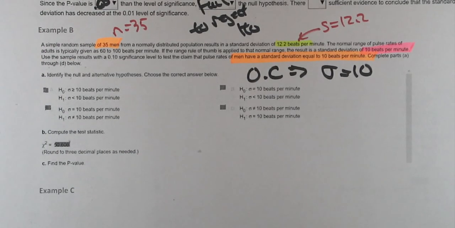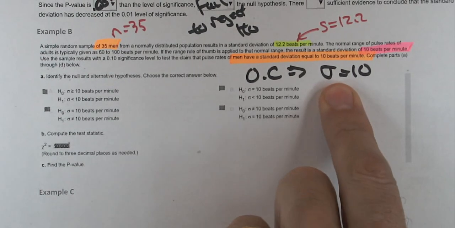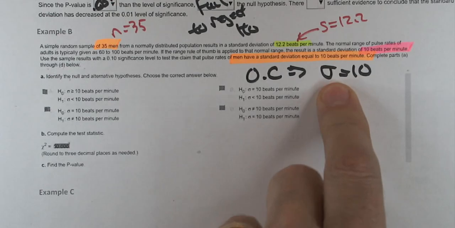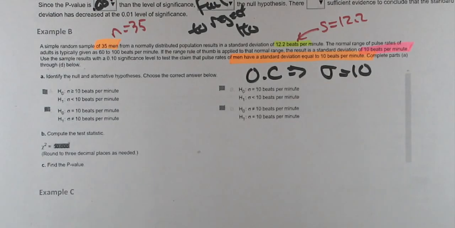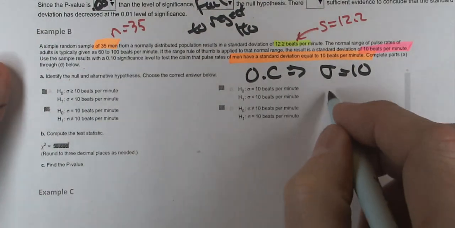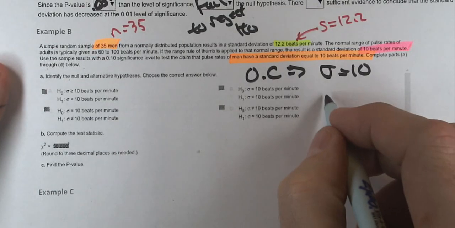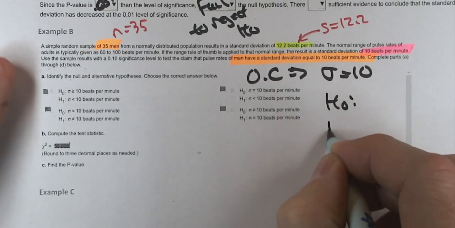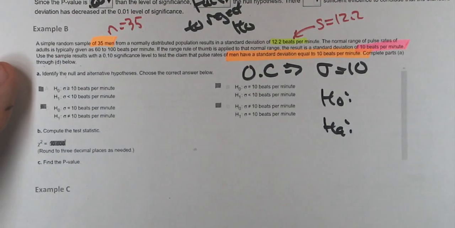All right, so which one of these looks like a winner? If this is sigma equals 10, is that going to go in the null or alternative hypothesis? The null. Nate, have I called on you today? All right, tell you what. H0 and HA, what are they for this one?